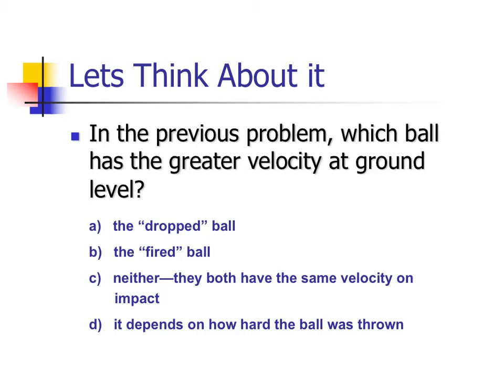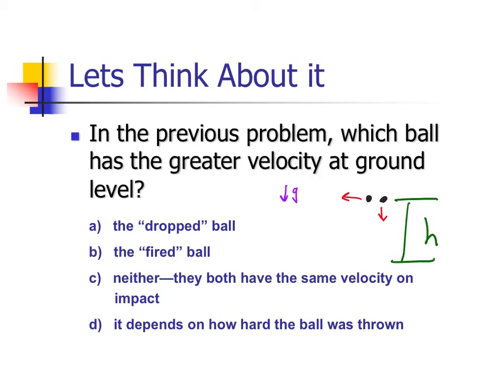What bothers a lot of people on this one is that even though they're fired from the same height in both cases, they're both fired and dropped from the same height, because one goes horizontal and one just goes up and down, a lot of people want to say that the one that's going horizontal is going to stay in the air, but gravity is going to pull it down at the same rate.